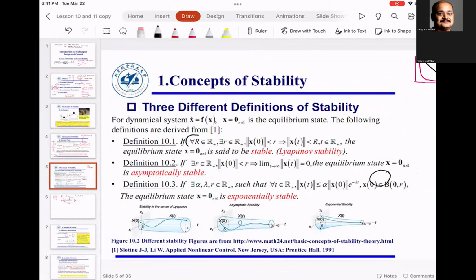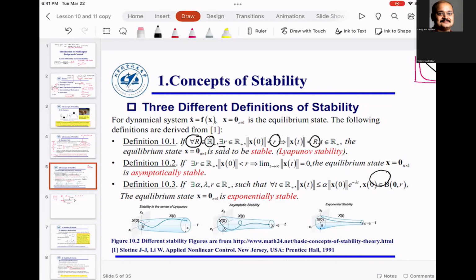So this means for all values of r, for all real values 0, 1, 2, 3, 4, 5, for all values which are belonging to the real set, such that small r belonging to the real set, where x of 0 initially, if it is starting at r, and for all time it is staying below r, then it is going to be in stable state. Everyone understood this? If you start small, it will stay small. It will not go out of the bounds. That is the Lyapunov definition of stability.